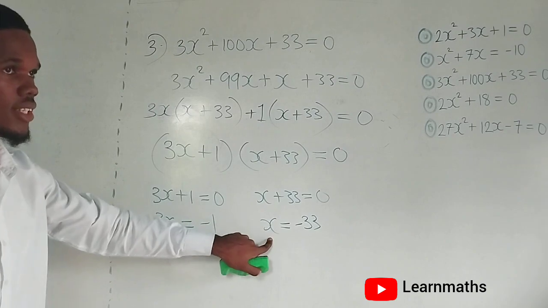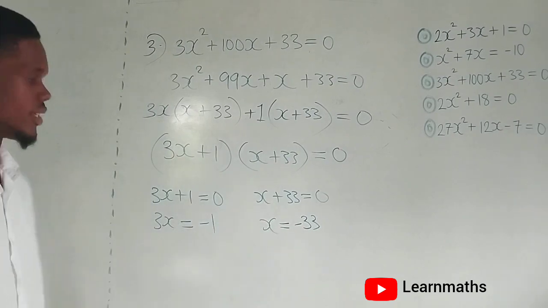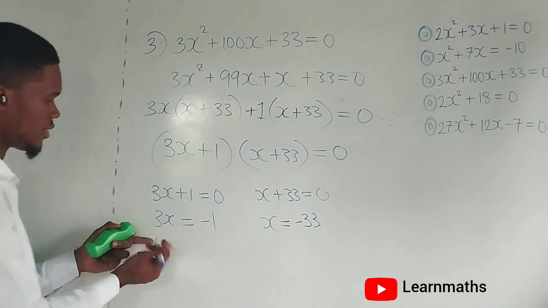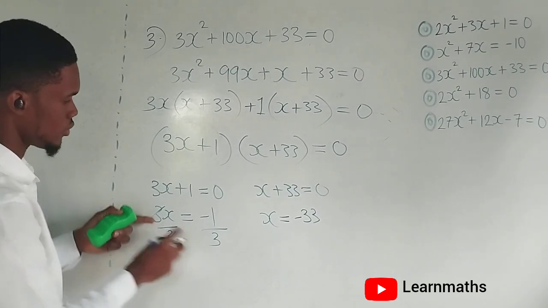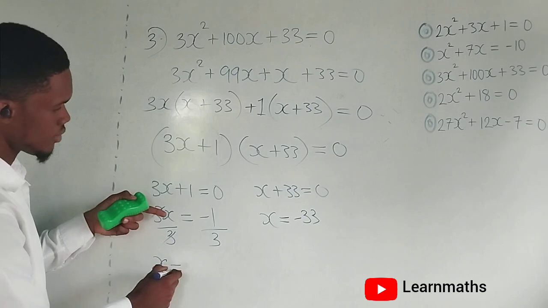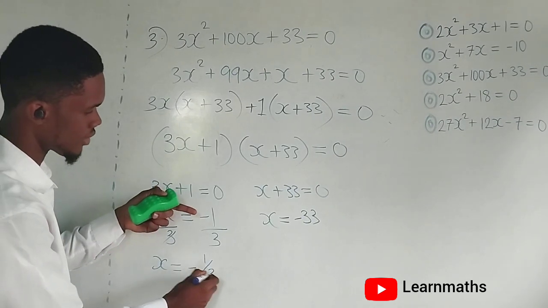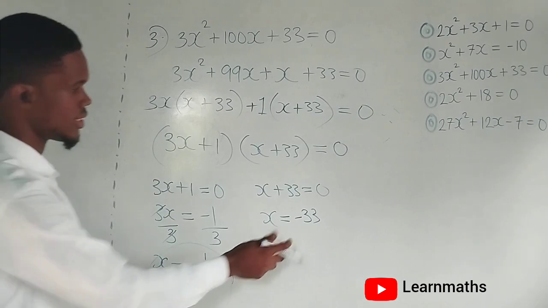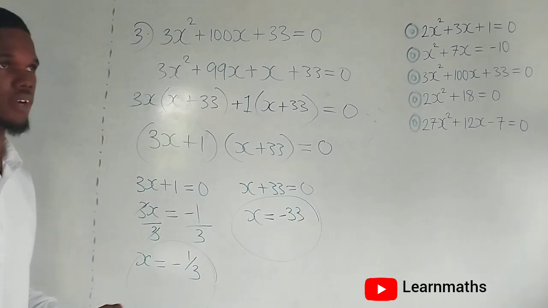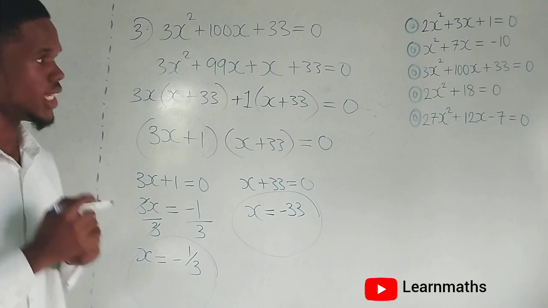So we have gotten the first value for x, which is negative 33. To conclude on this other end, we divide both sides by 3. So we have that x is equal to negative 1 over 3. This is the other value for x. You always get two values for x when solving a quadratic equation.